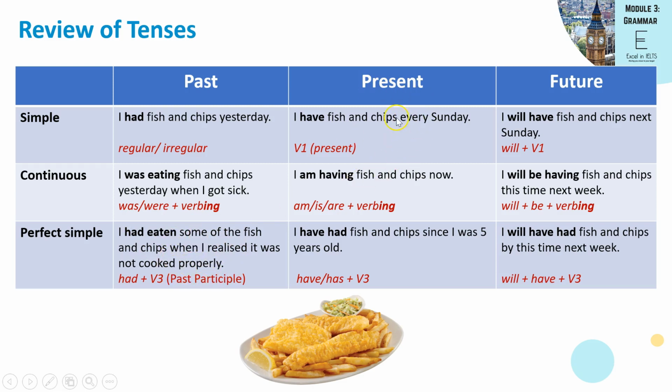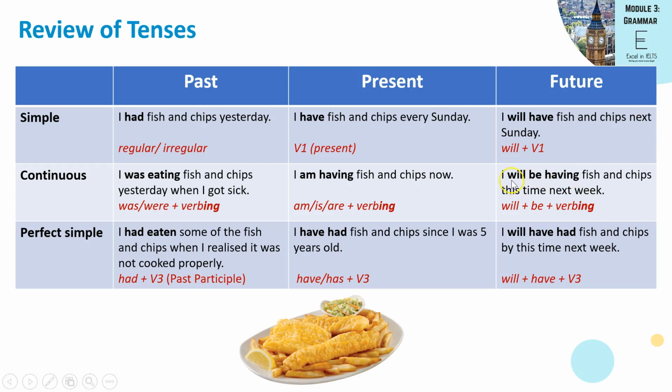And then we've got the present simple, which is obviously used for habits and routines and facts. And then present continuous, which is used for actions happening now or for future arrangements, and present perfect for any events that have started in the past and haven't finished, so they're carrying on into the present. Then they've got the future simple for actions happening in the future, and the future continuous is used when you want to say what you will be doing at a certain time in the future.